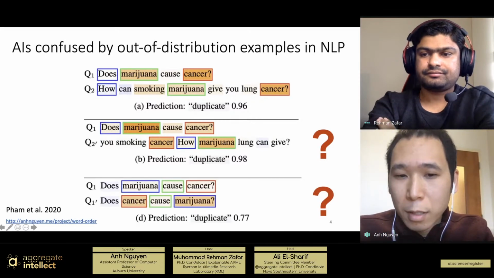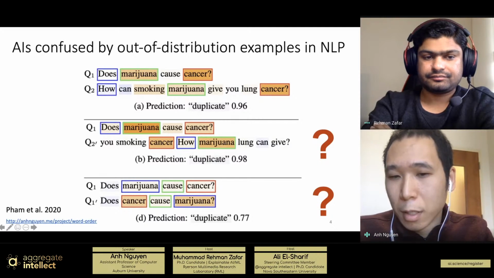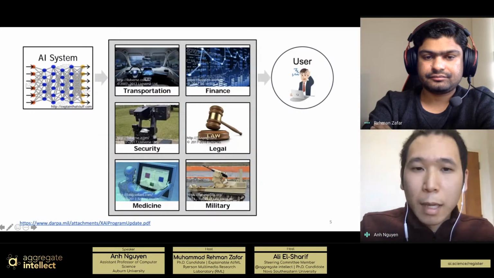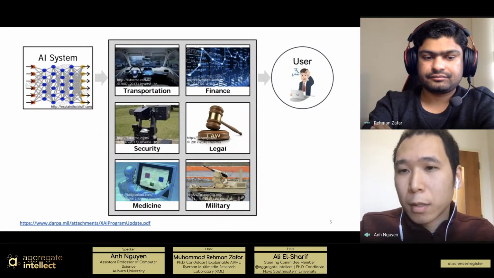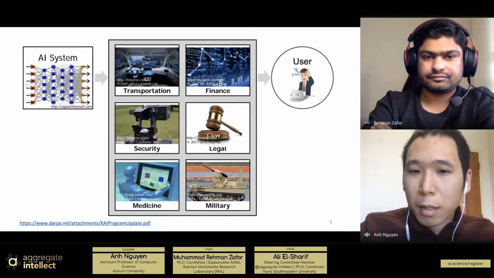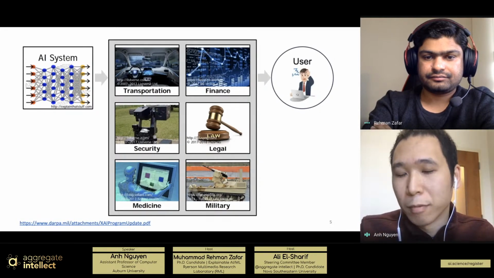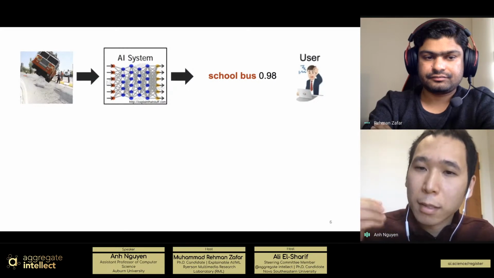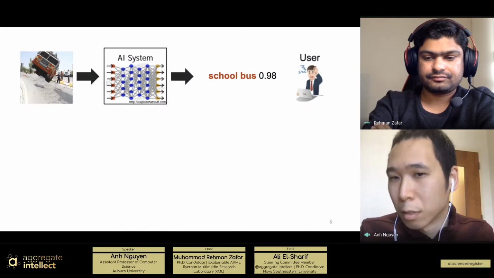The network also thinks 'marijuana causes cancer' is a duplicate of 'cancer causes marijuana'. Imagine in high-stakes applications, what decisions should the end users make given such noisy behaviors of the network? And how can users know when to accept or reject the network's decisions?